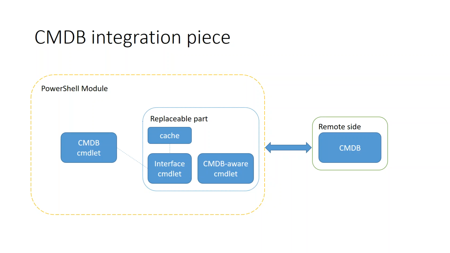In case we decide to replace our CMDB provider later on, we could easily replace it. And as part of this replaceable piece, we want to put some cache, which should speed up access to the data we receive from CMDB. We will see why this is needed and how to implement this in the implementation phase. So let's start our journey.